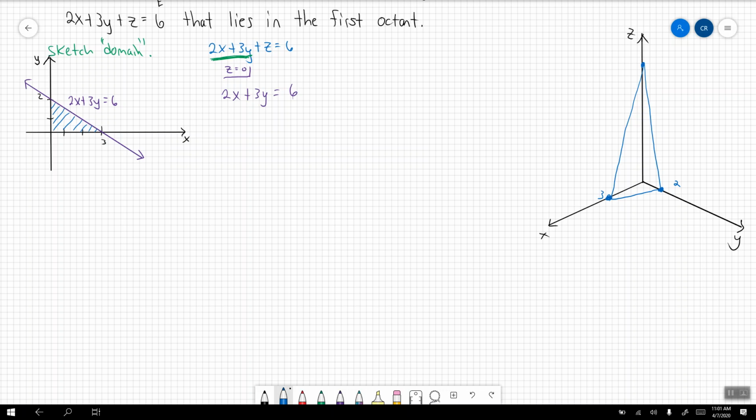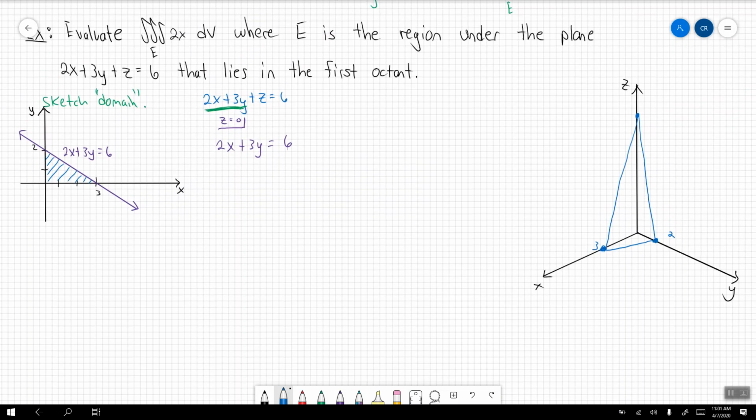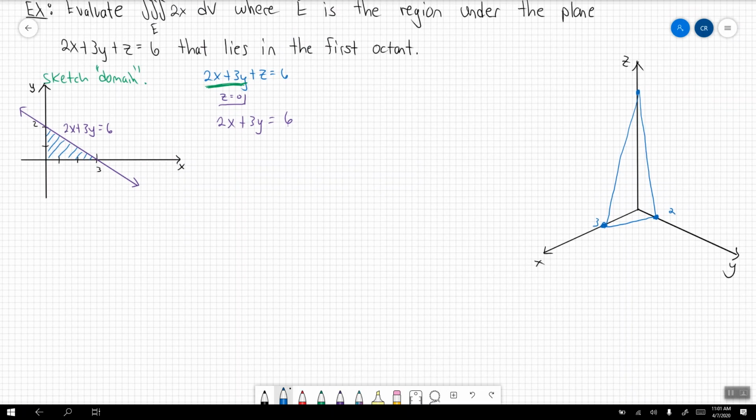Now, identifying that we want to sketch this particular domain, what I want to do is start setting up that triple integral. All right. So when we want to set up this triple integral using this specific domain, I'm going to start by setting up my dx's and my dy's.